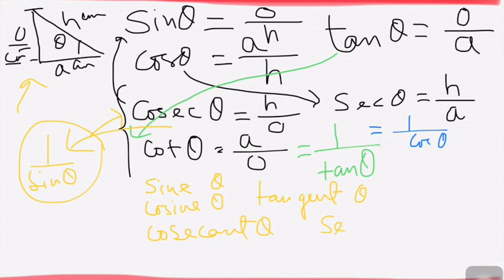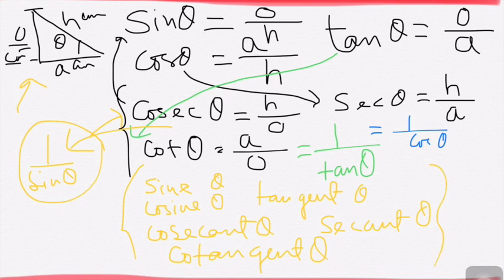Sec theta is written as secant theta, and cot theta is said as cotangent theta. This is just to let you know so that anytime we use these terms, you are not confused what is cotangent. By cotangent we will basically be referring to cot theta only. Hope that gets clear.